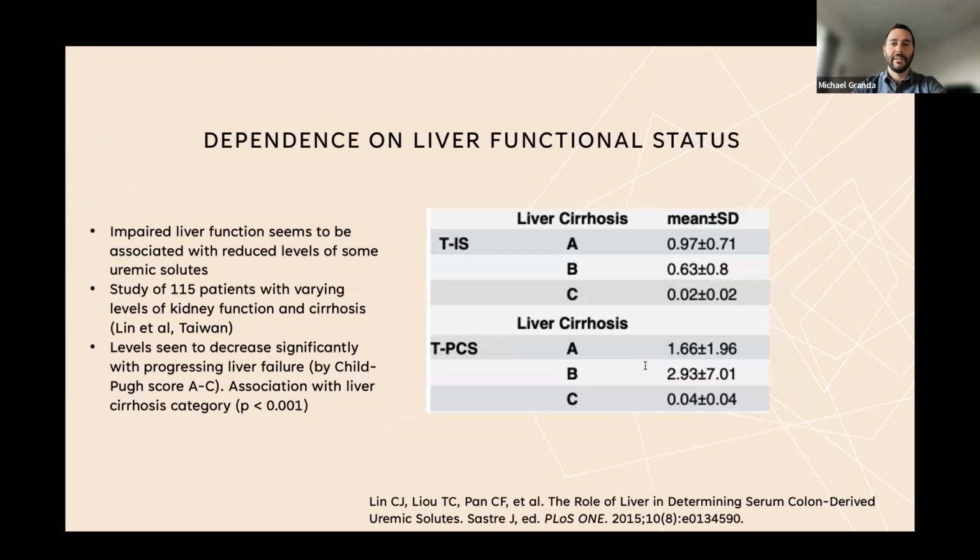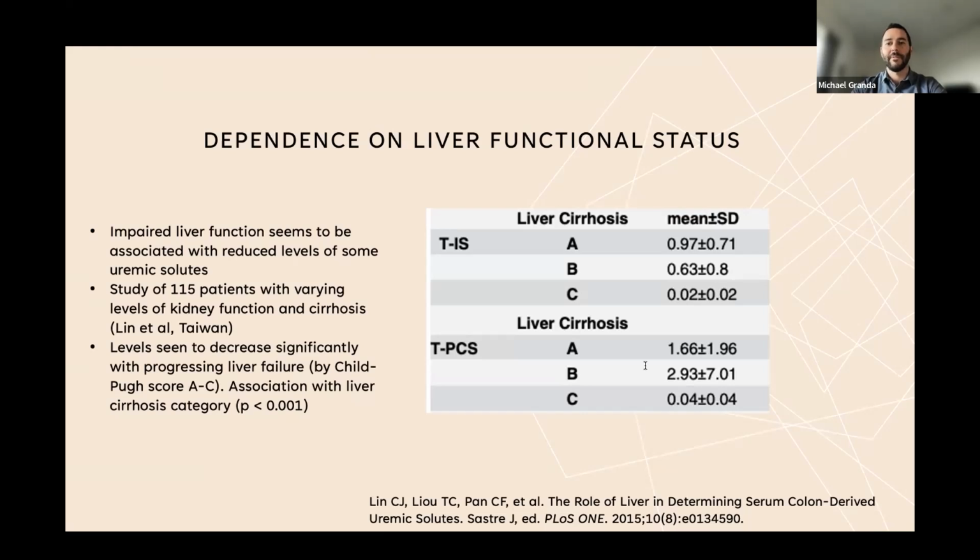And so this study by Lin that I'll mention a few times looked at plasma levels of indoxyl sulfate and p-cresol sulfate in 115 patients that had both kidney and liver disease of varying severity. I highlighted this excerpt from their paper in the patients that had no appreciable kidney disease.